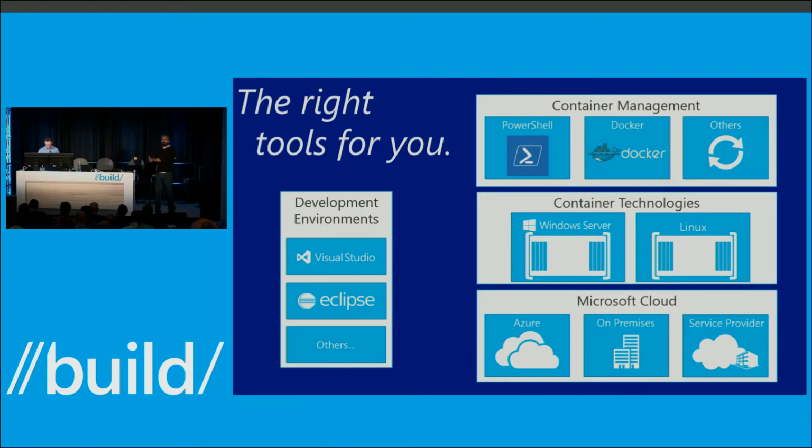There was an earlier demo where you could have a tightly integrated environment with Visual Studio, where you can just publish and run the applications. The demo you saw was with Docker and Linux containers. The same thing applies to Windows containers as well. As long as we maintain the parity of the Docker API, all the tools you're used to that take advantage of the Docker API will continue to work with Windows containers as well.